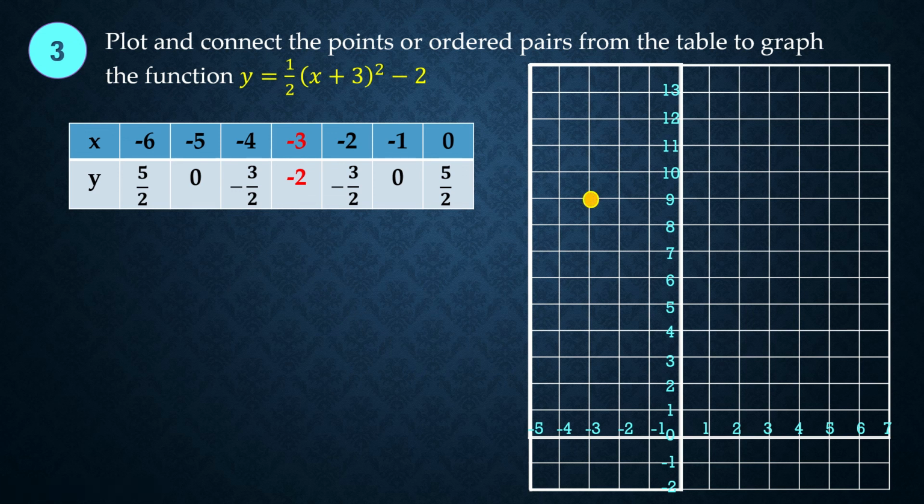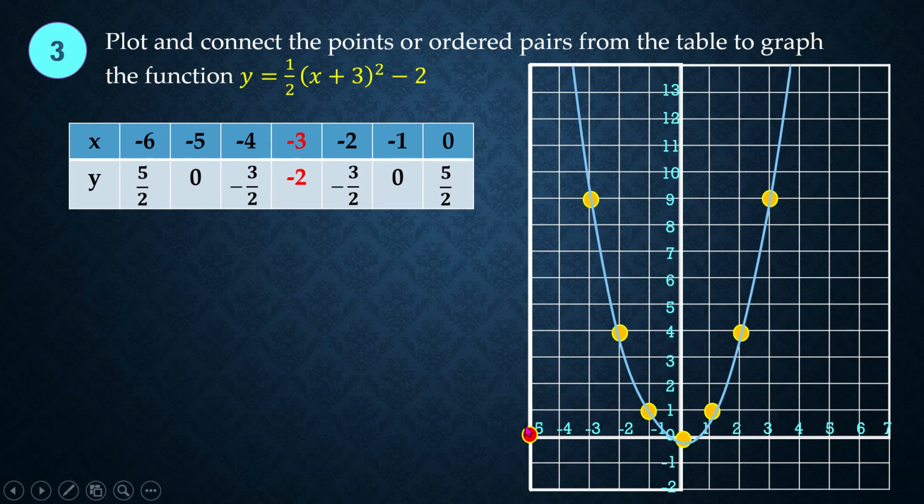So, first, the first plot is the parent function, the original function. Next to plot is the earlier point, negative 6 and 5/2. So, the first one plotted is negative 5, 0.